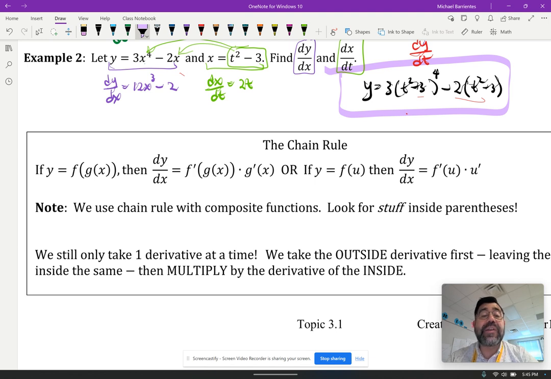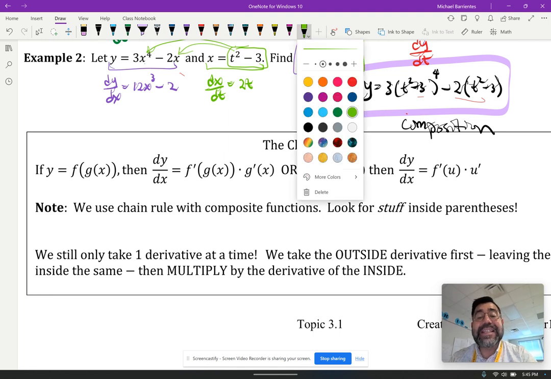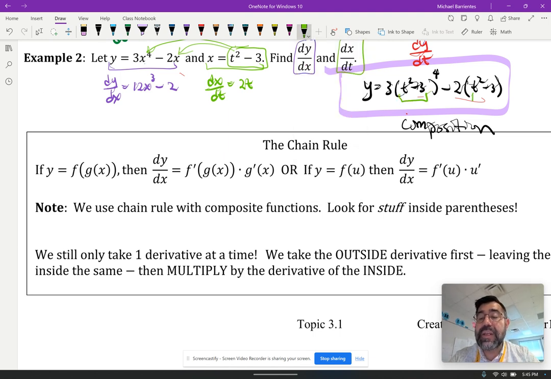But what's happening now is that I have composition going on, because I have an inside function that's inside of an outside function, 3 something to the fourth minus 2 times something. Whenever I see an inside function, I'm going to call it something, because it turns out there's a quick way to find the derivative without having to multiply all this out, right?